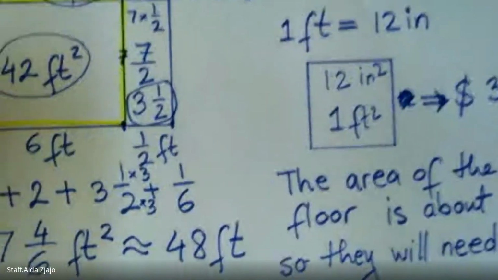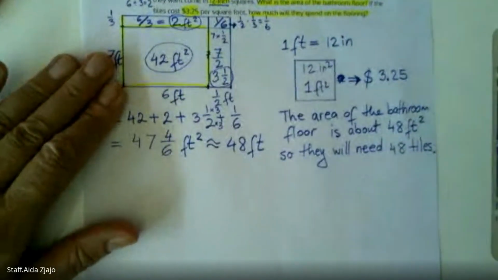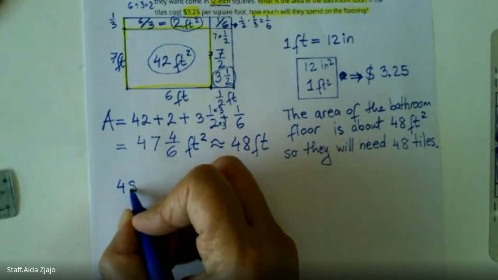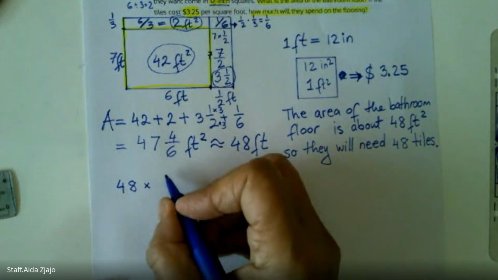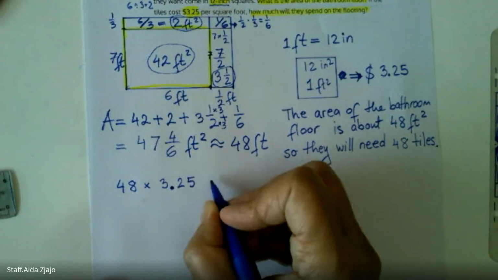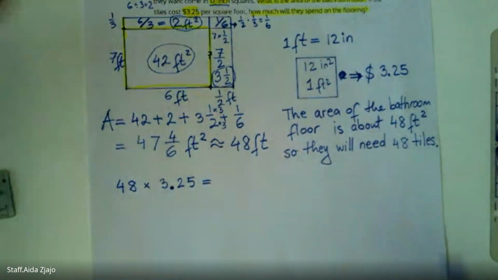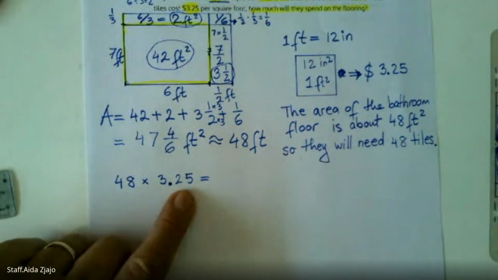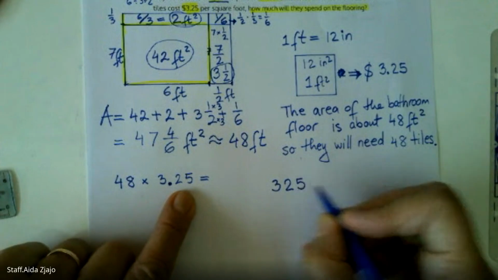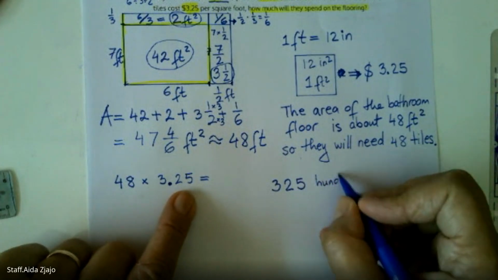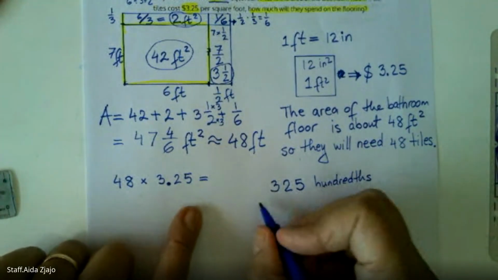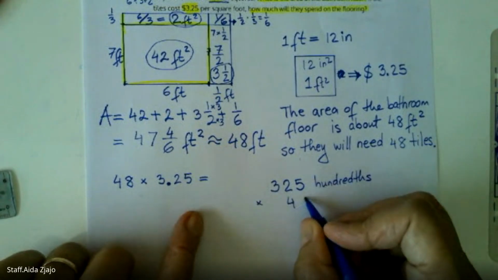They need to buy 48 tiles times $3.25. I'm going to change this to all hundredths, so 325 hundredths, or pennies, times 48.